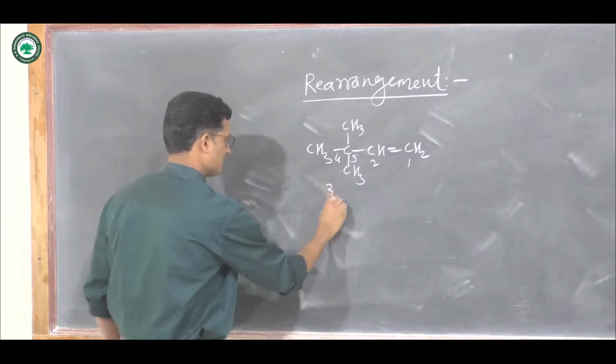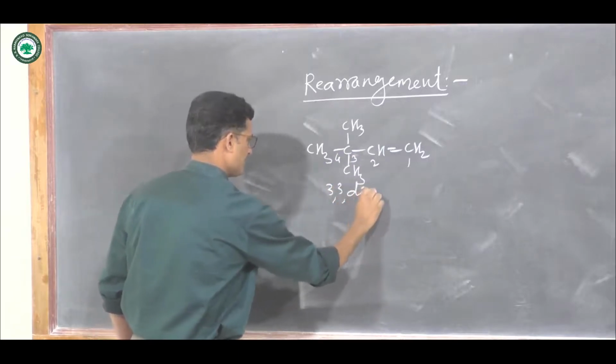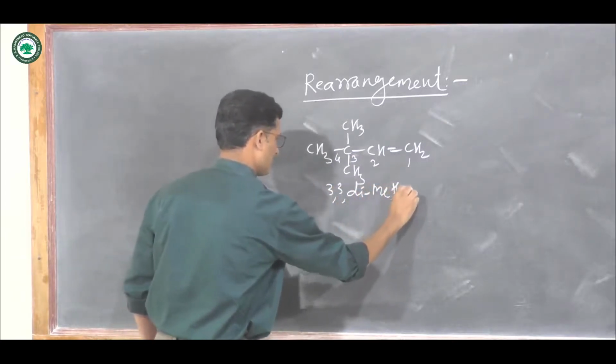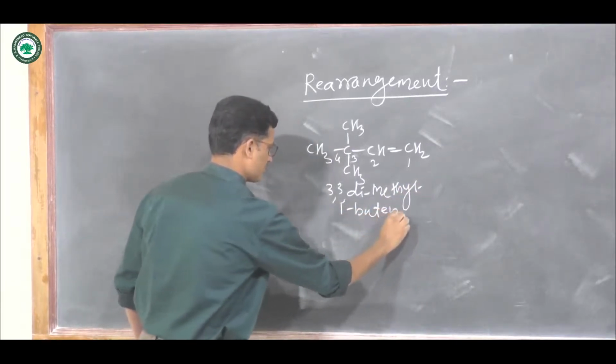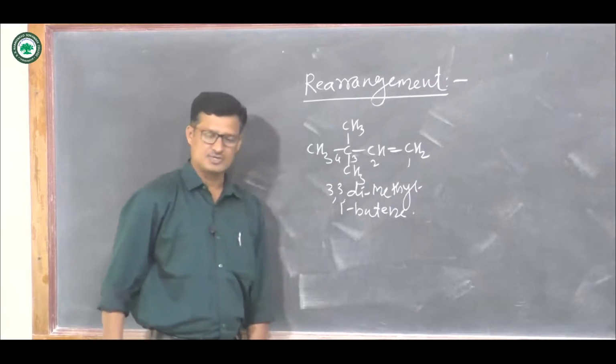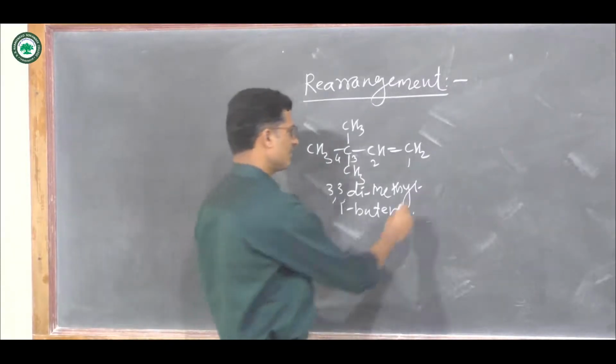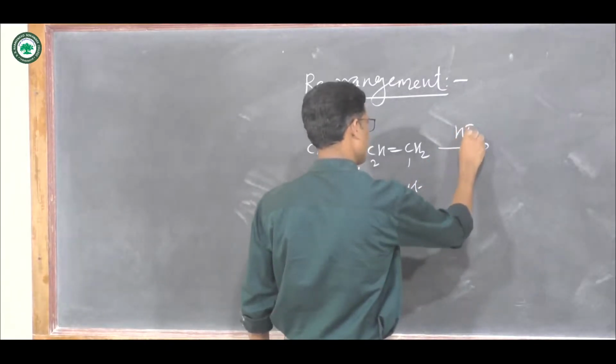We take 3,3-dimethyl-1-butene as the starting compound, and we treat it with HI.